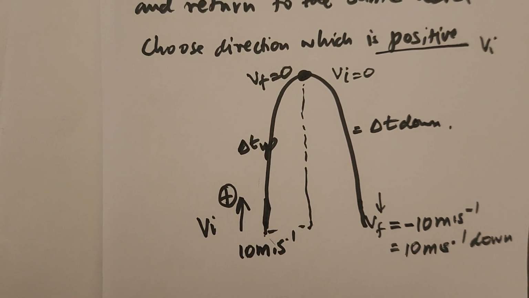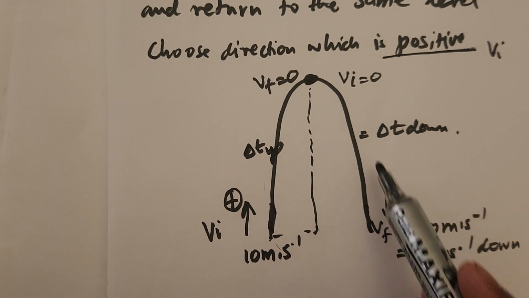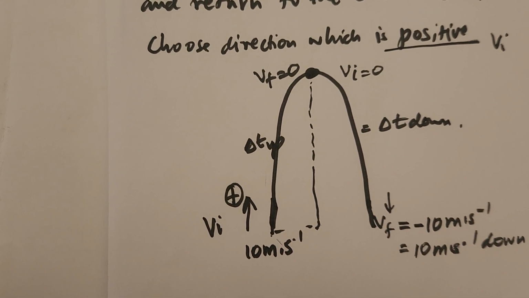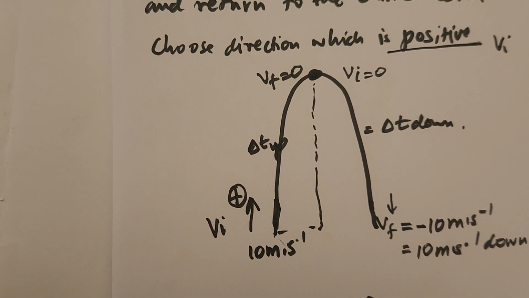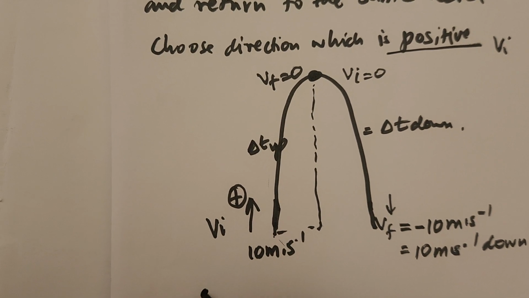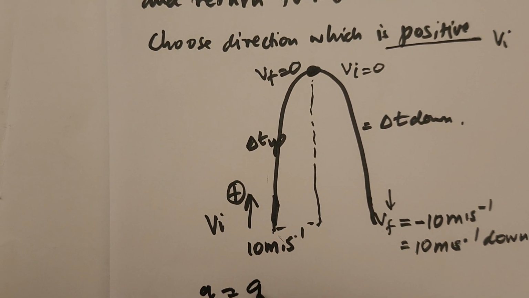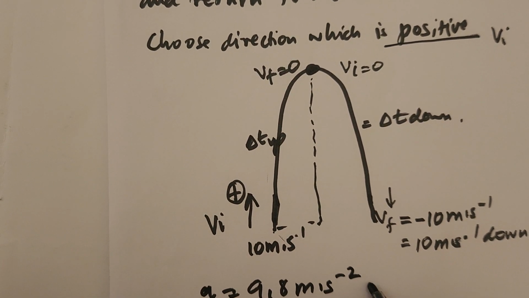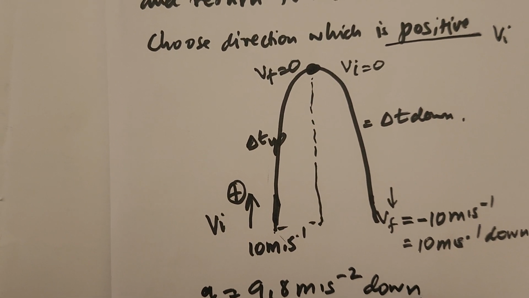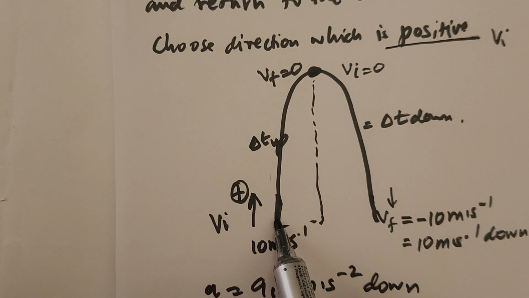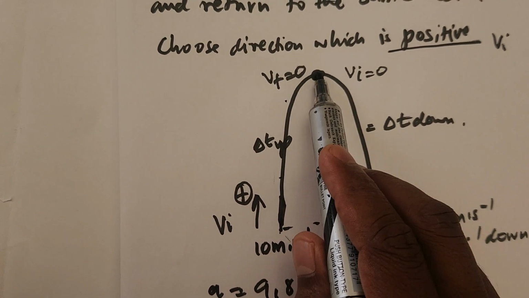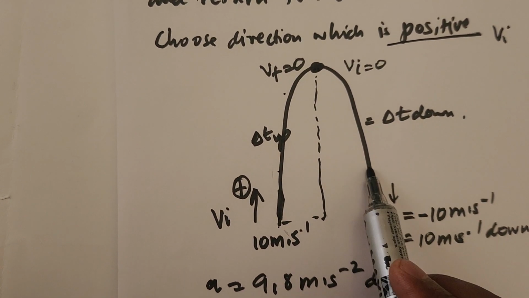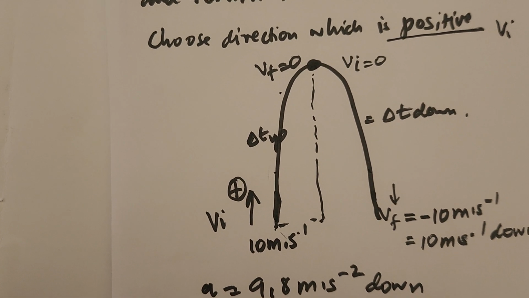All the same, we know that throughout this motion, the projectile will be accelerating. Acceleration of the projectile will be 9.8 meters per second squared downwards. That is throughout the motion. Whether the projectile is at any point, whether it's at the top and then going down, it will be accelerating at this rate.